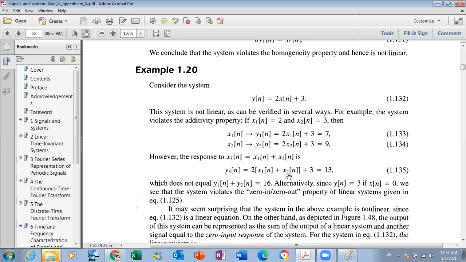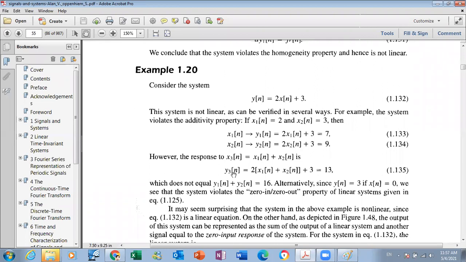Add x1n plus x2n, 2 plus 3. 2 plus 3 is equal to 5. 5 multiplied by 2 is equal to 10. 10 plus 3 is equal to 13.